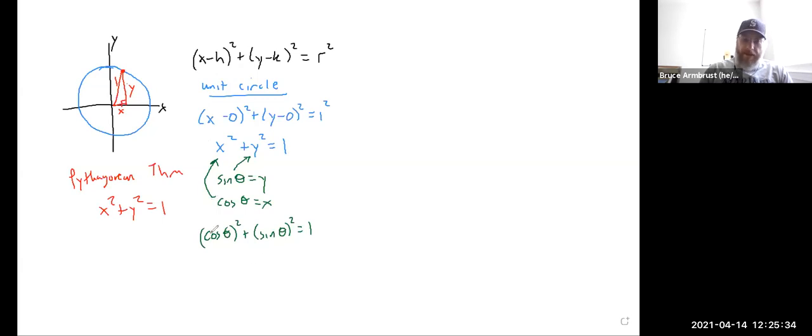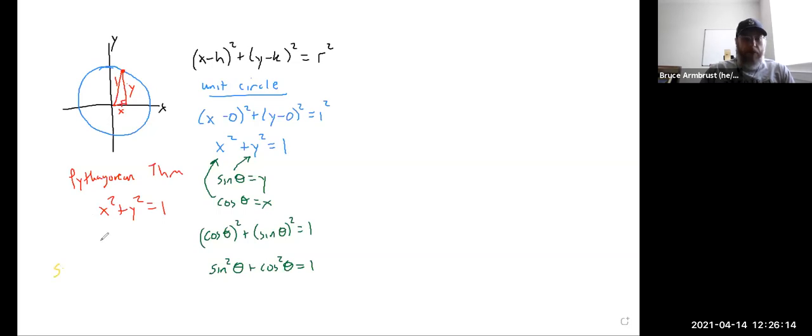Now, when you see this written, you're actually going to see it written like this. The reason that I'm starting with sine instead of cosine is arbitrary. That's just how everyone remembers it. But I do want to talk about the fact that the squared kind of came inside here. This is how mathematicians always write powers of trig functions.